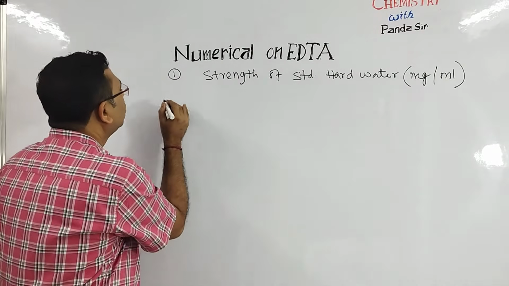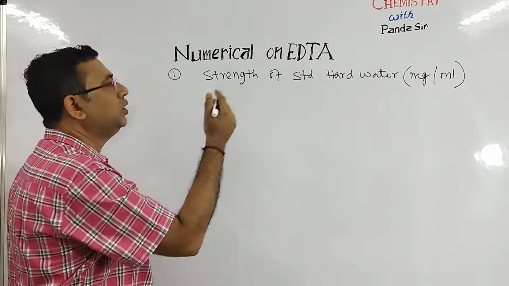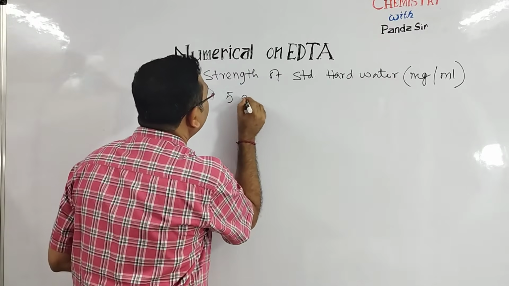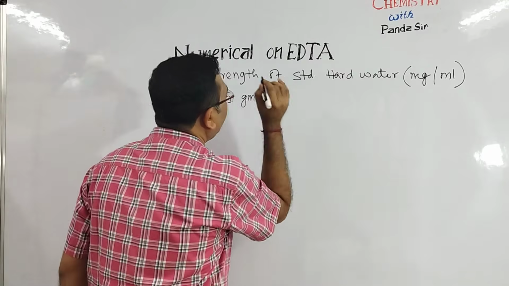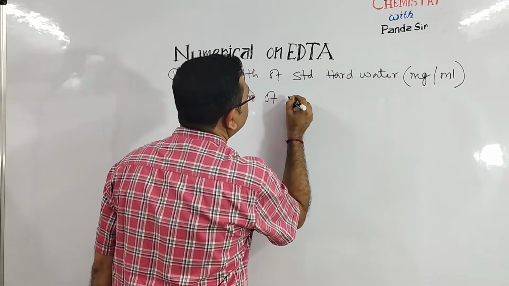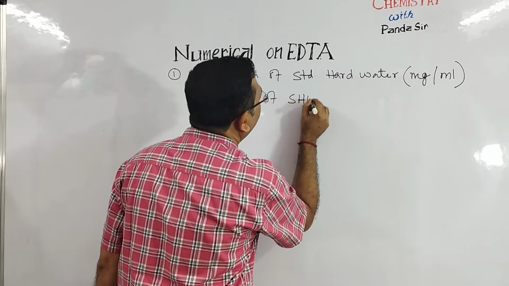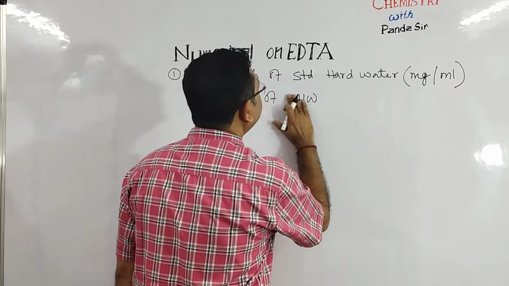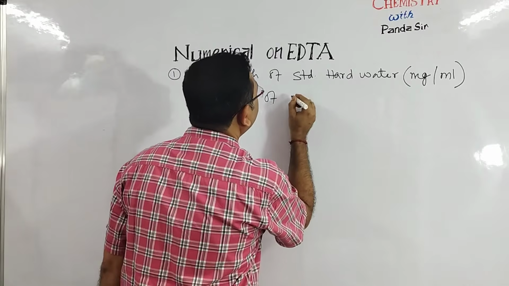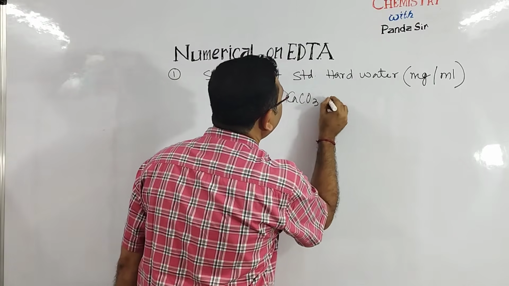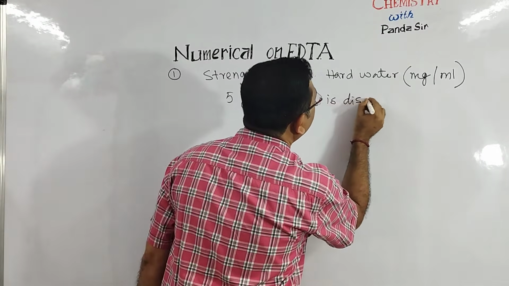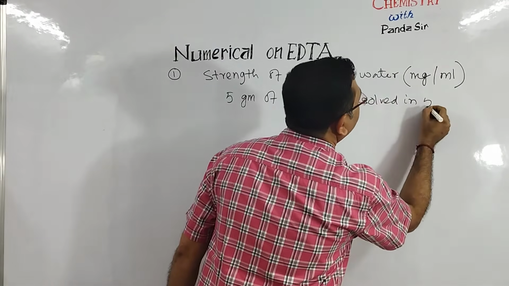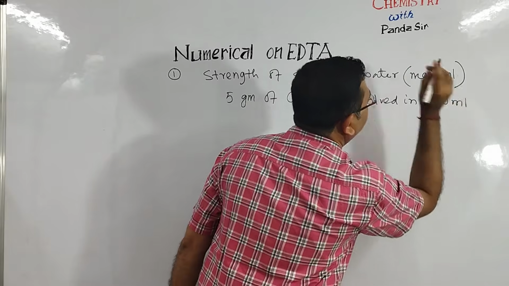Suppose I take one example, that 5 gram of CaCO3 is dissolved in 500 ml.